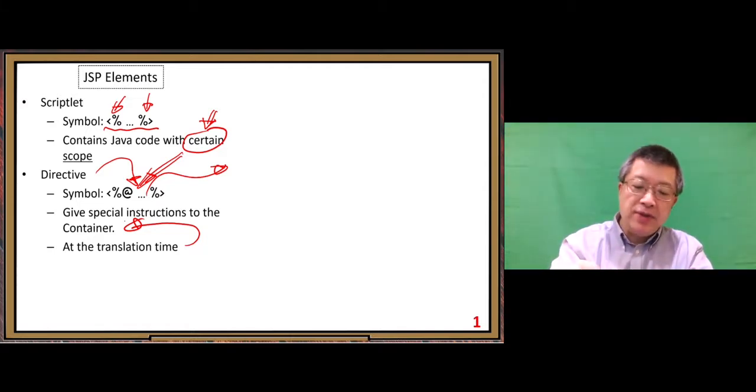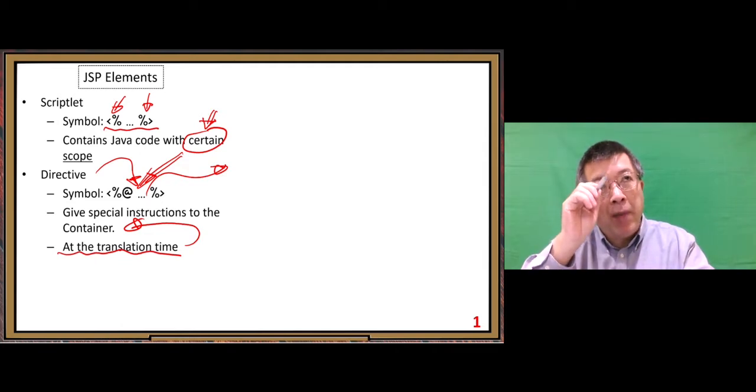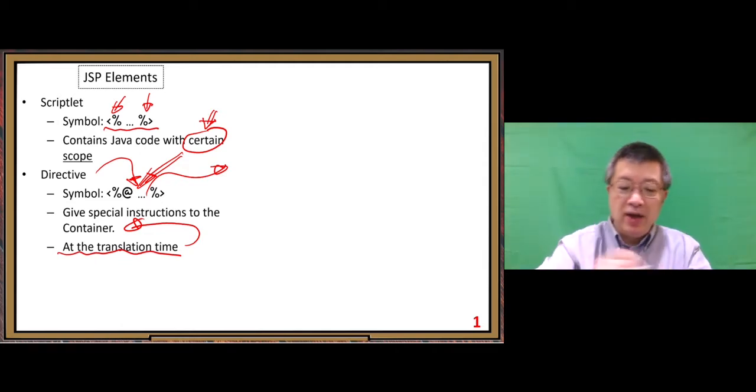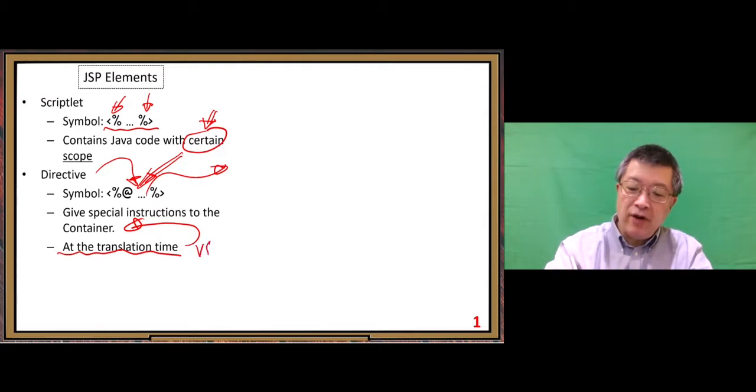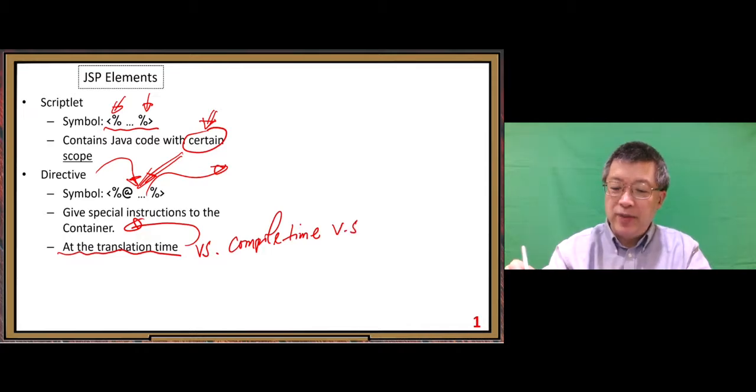And this happens here, this property, at the translation time, not compilation time, compile time, right? So translation time versus compile time, versus another possibility, runtime.